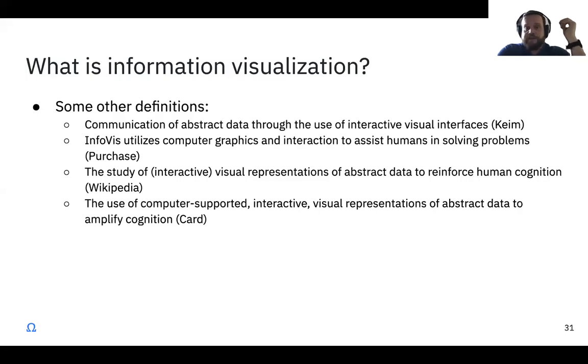The Wikipedia definition is that it's the study of interactive visual representations of abstract data to reinforce human cognition. And Stuart Card, the author of one of those books, says that it's the use of computer-supported interactive visual representations of abstract data to amplify cognition. So there is no unified definition for what InfoVis is, but it's a union of all these. I hope that this sheds some more light on what the discipline actually does.